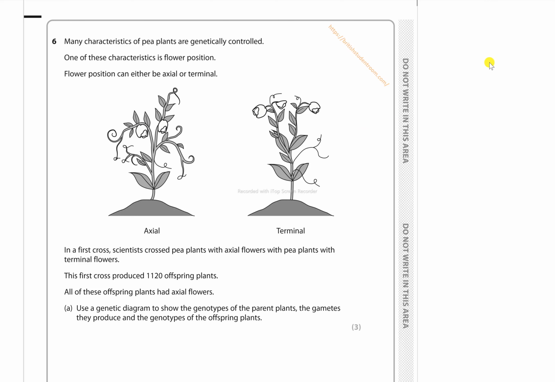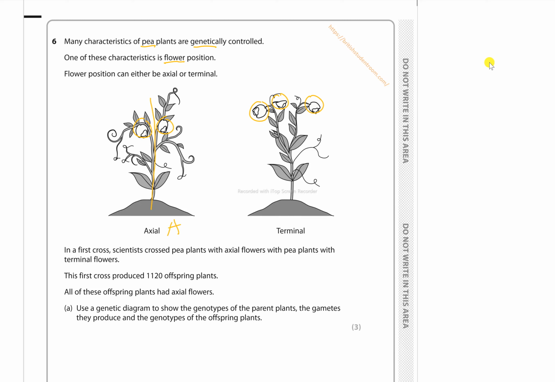You've got a pea plant. Flower position is a genetic feature. So here, the flowers are axial, they're around there. Here, the flowers are at the end, terminal.